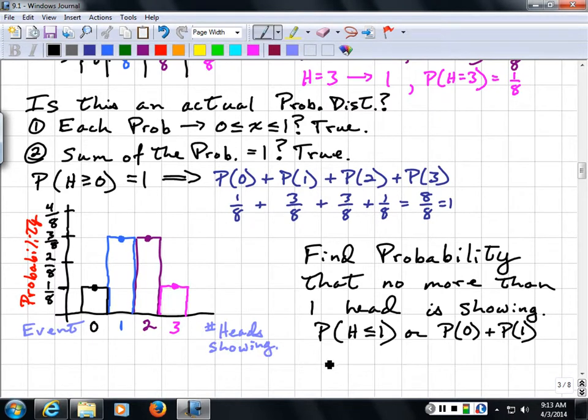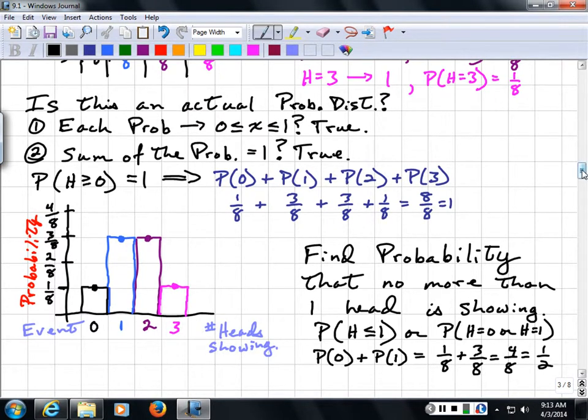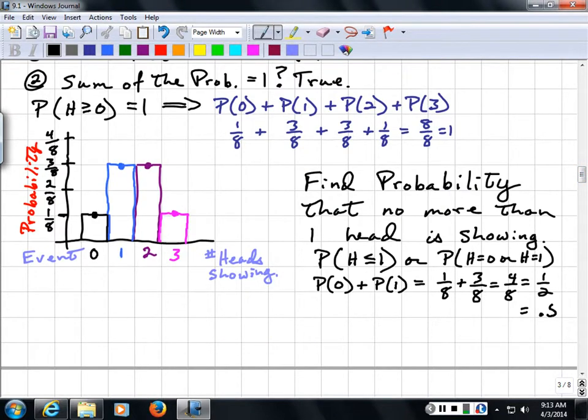So we could write this as the probability that h is equal to 0 or h is equal to 1, which is the same thing as the probability of 0 plus the probability of 1. And that's really going to boil down to 1/8 plus 3/8, which is equal to 4/8, which is equal to 1/2. And if you want to write it as a decimal, you go right ahead. 0.5. Okay? We're done.